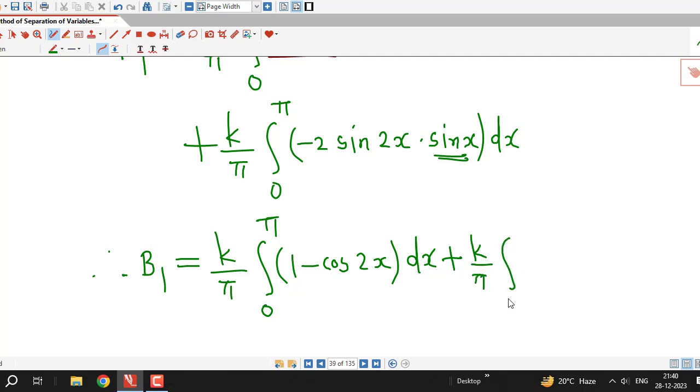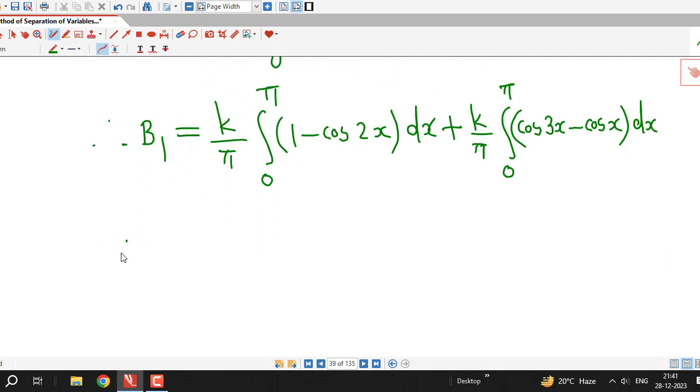And here I am applying that formula, minus 2 sin alpha sin beta equal to cosine of alpha plus beta minus cosine of alpha minus beta. That is cosine of 2x plus x, that is 3x, minus cosine of 2x minus x, that is cos x, integral with respect to x.